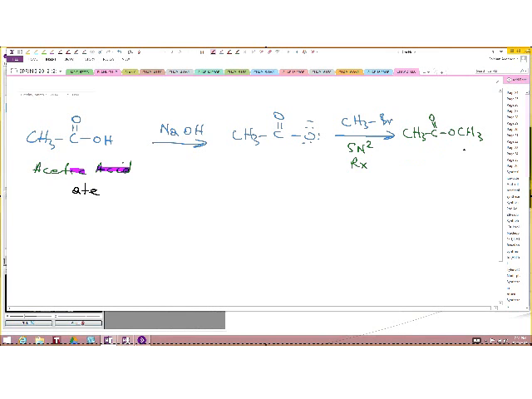So this becomes acetate, and then you give the name of the alkyl group that is attached to the oxygen. In this case, methyl. So this becomes methyl acetate. These are separate words.